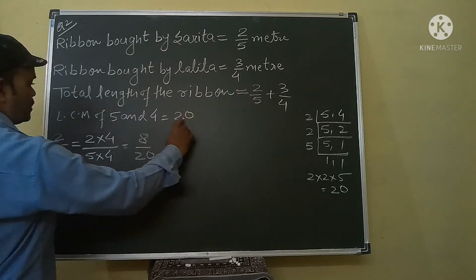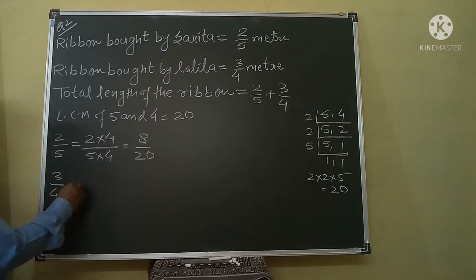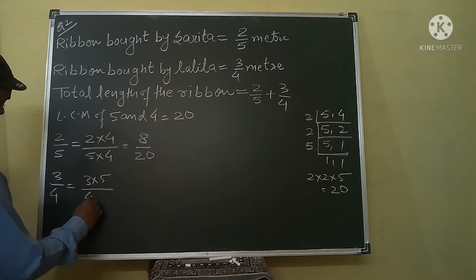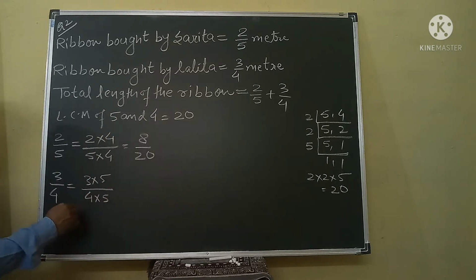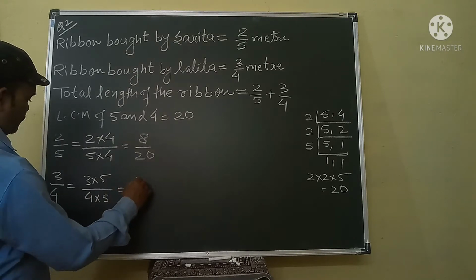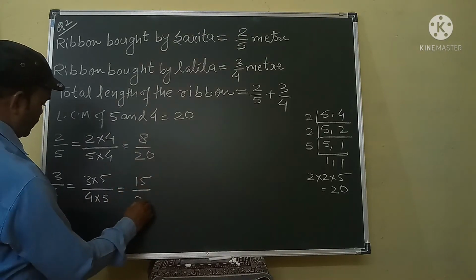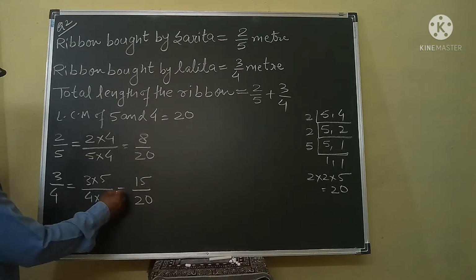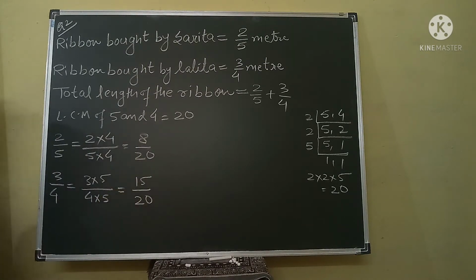Then after this is 3 upon 4. Denominator 4 converted to 20. So what we will do? 3 multiplied by 5 and 4 multiplied by 5. 3 5s are 15 and 4 5s are 20. Then after what will you do?